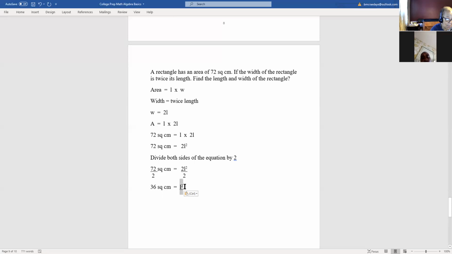So how do I solve this for L? What do I do to both sides of the equation?